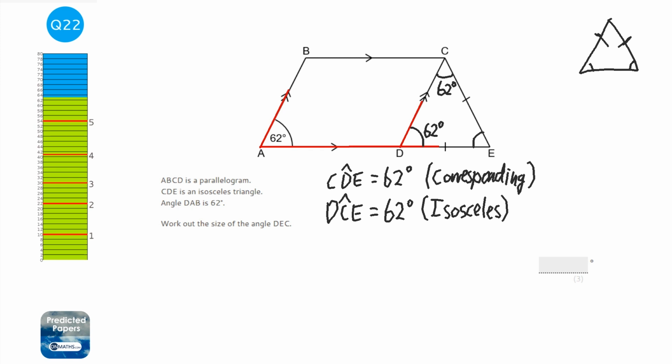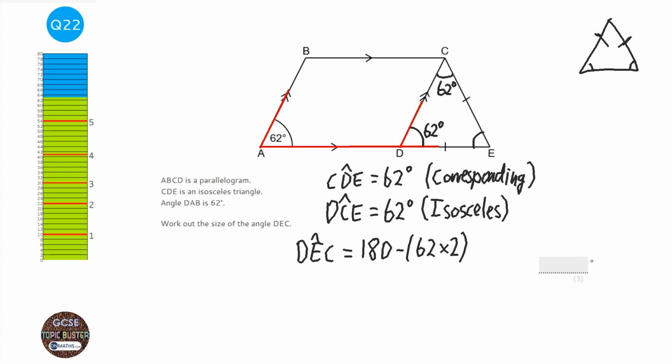So to work out angle DEC, that's what it says in the question, angle DEC is going to be 180 take away 62 times 2. And the reason for that is angles in triangle add up to 180 degrees. And never feel like you're writing too much for the reasons. There are some key words in the mark schemes that are in bold that the marker's going to be looking for.